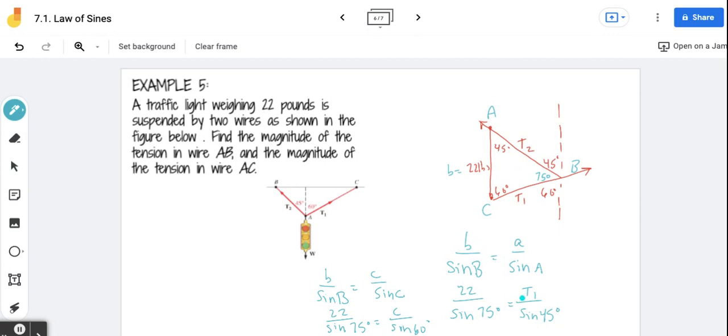So this one's going to end up being T1. You're going to cross multiply this way. So 22 times the sine of 45 degrees divided by the sine of 75. And this is going to be 22 sine of 60 divided by sine of 75. All right, so I'll calculate that. 22 sine of 45 over sine of 75.